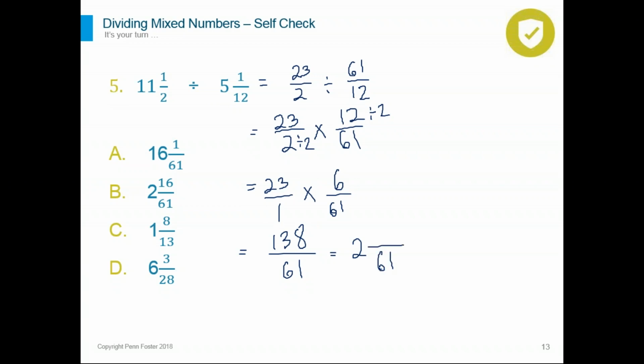Multiply 2 times 61 will give you 122, subtract. 138 minus 122 will give you 16 on the top. Nothing common between these two numbers. This is your quotient, which is 2 and 16 over 61. So that is B.